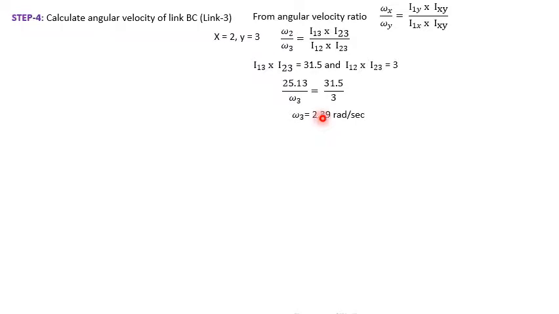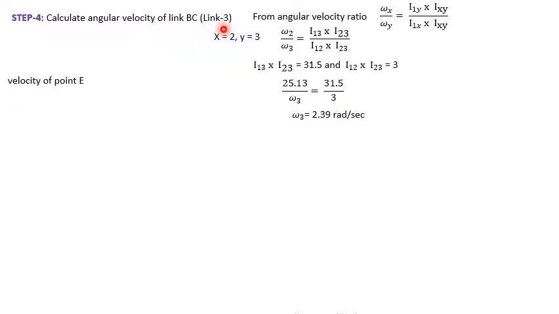So omega 3 becomes 2.39 radians per second. Here there is no need to take the scale, because the scale will get cancelled, since we have the values in both the numerator and denominator. So this is the value of the angular velocity of link BC.